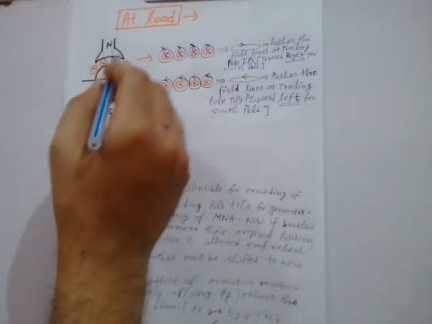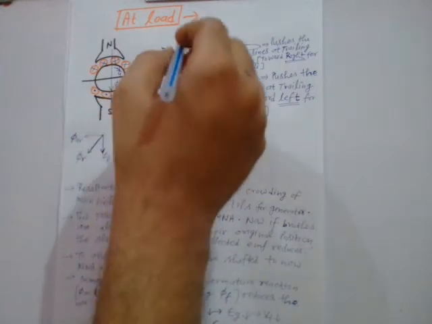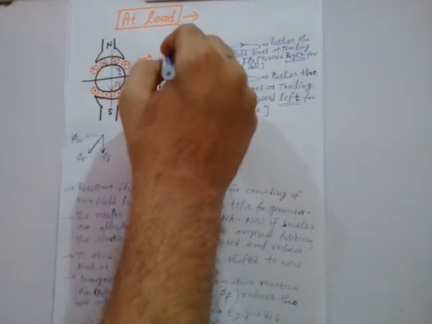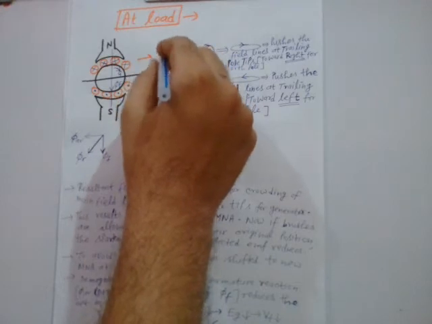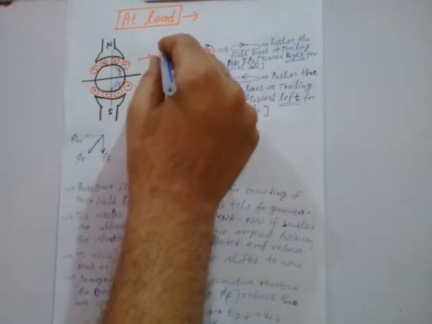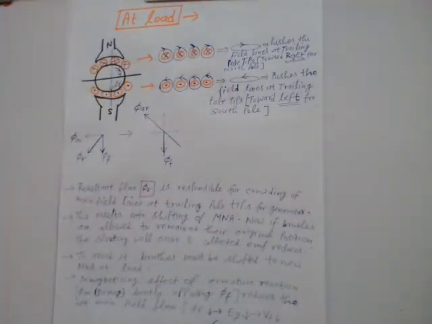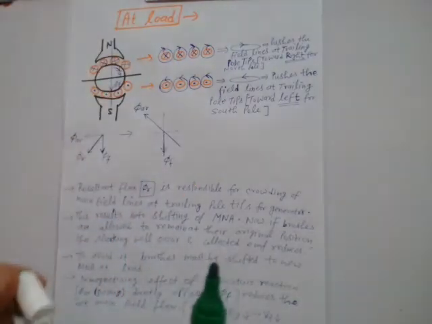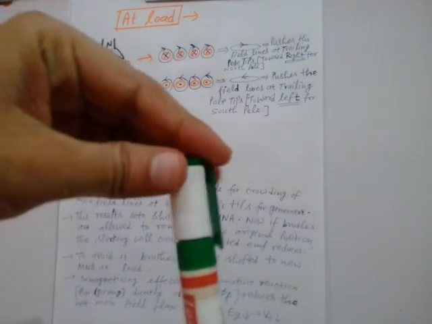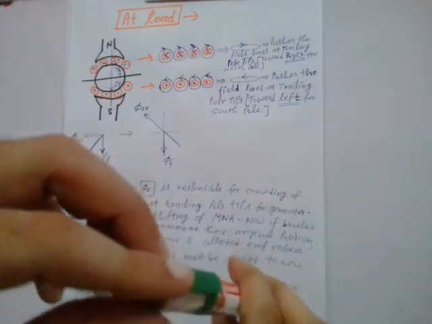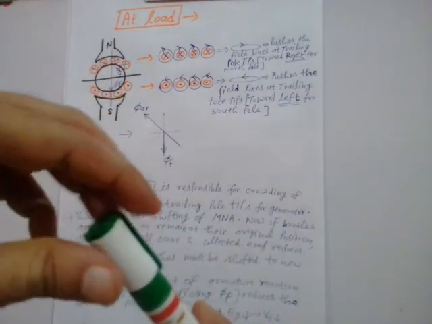That means the induced current going away from the reader can only be obtained due to this clockwise magnetic field, right? It is just like when you see any pen, when you rotate it clockwise, it goes downwards, and when you rotate it anti-clockwise, it goes upward.